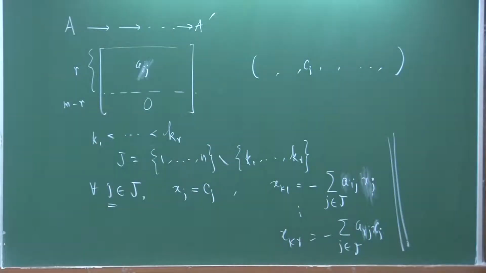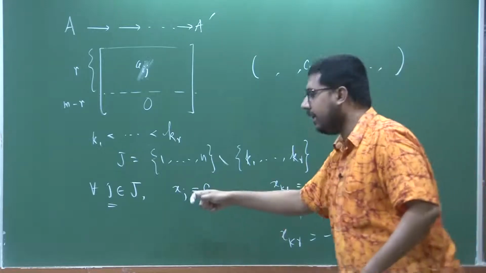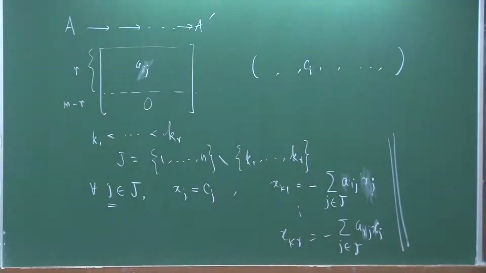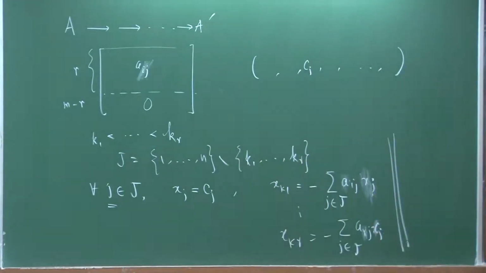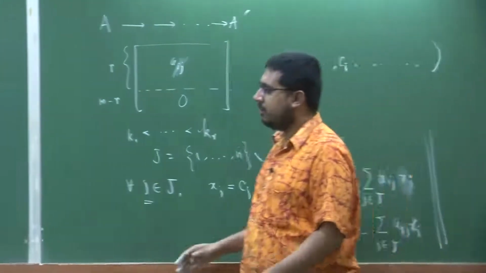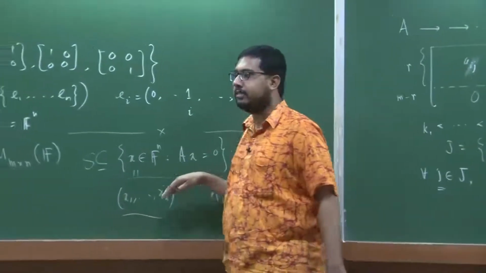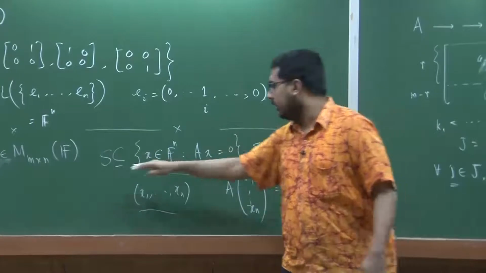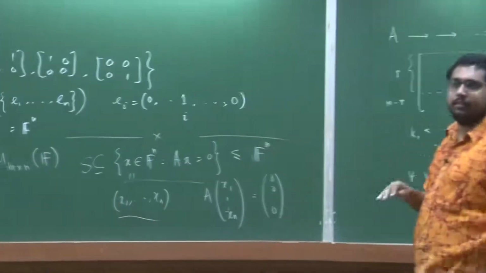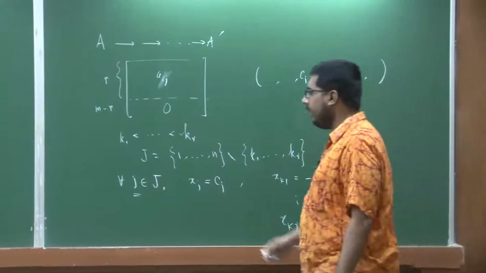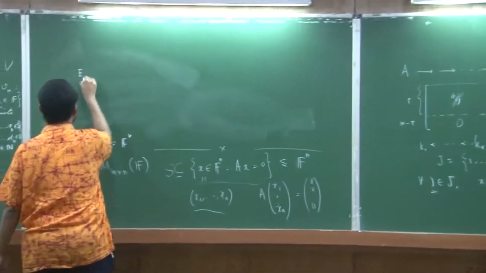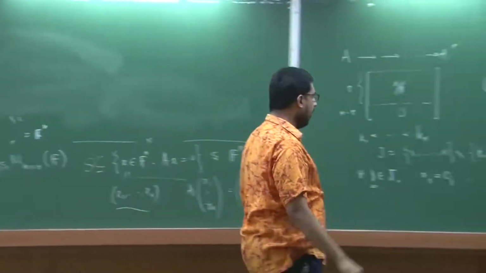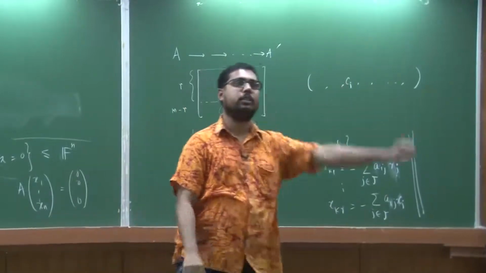Now, from the idea that assigning arbitrary values to these xj's gives all the solutions of the system, do we see a very natural choice of a subset S of this solution space, whose linear span is the solution space itself? We have a natural choice, namely the following. Remember how we solve: we assign arbitrary values Cj to the xj's.